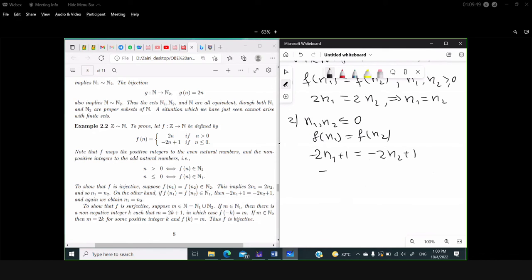So 2n1 equals 2n2, so it implies n1 equal to n2. In both cases, it shows that this given function is injective.